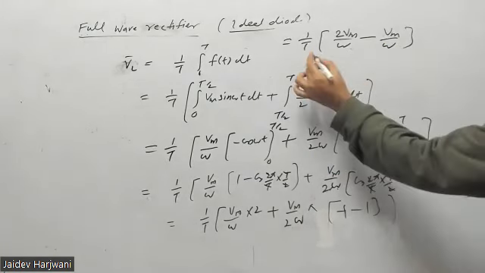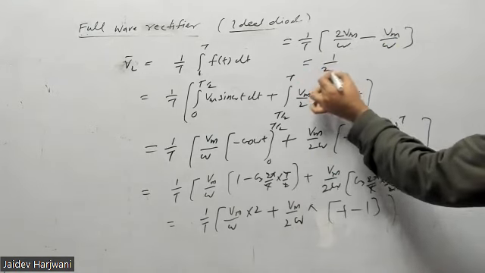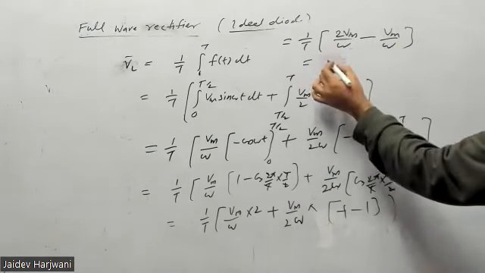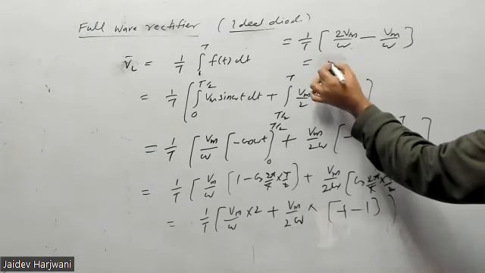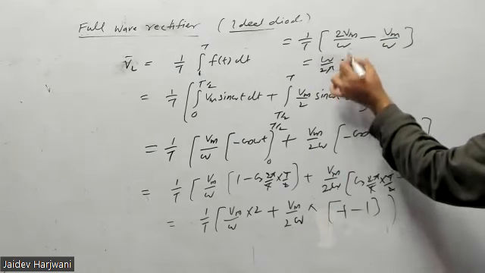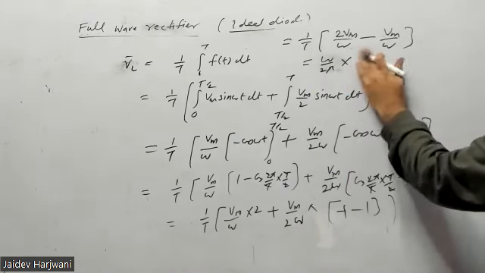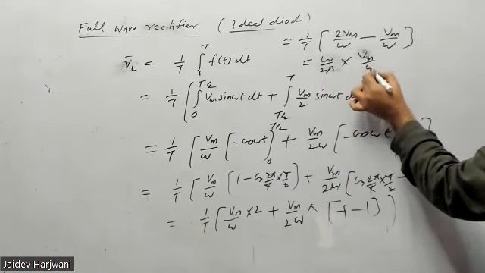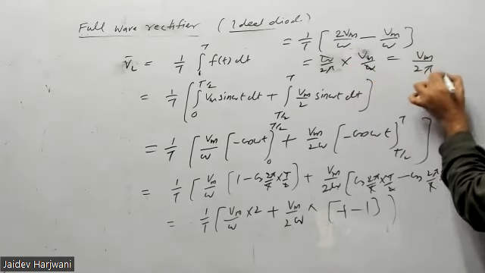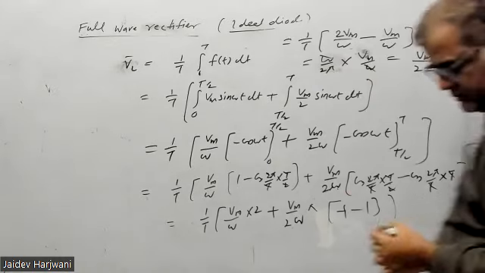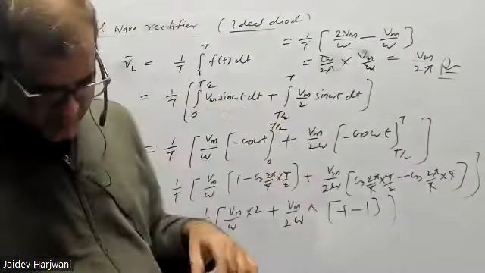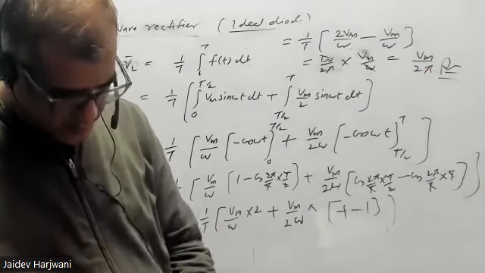Okay, now this gives me 2 pi T upon 2 pi. 1 by T is what? Omega upon 2 pi. And this is how much coming? This is Vm upon omega. Vm upon omega cancels. Vm upon 2 pi is the answer. Check it. Yes, sir, it's coming.